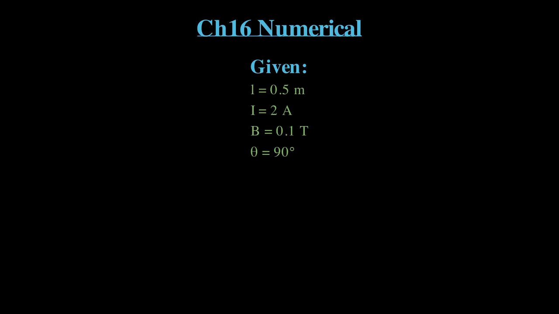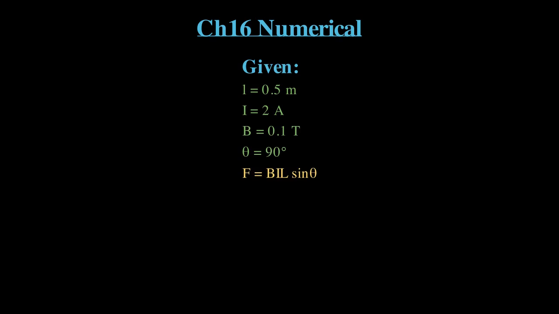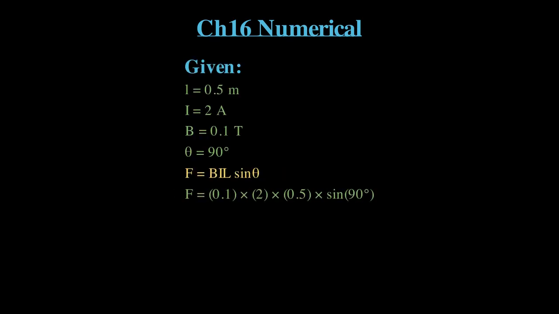The next step is substitution. We just need to plug in the values we have. So F equals 0.1 times 2 times 0.5 times sine of 90 degrees. We all know that sine of 90 degrees is exactly 1. So the equation becomes F equals 0.1 times 2 times 0.5 times 1.